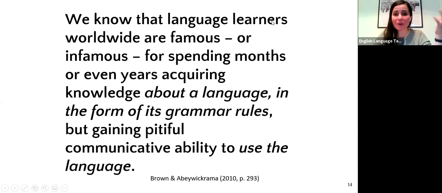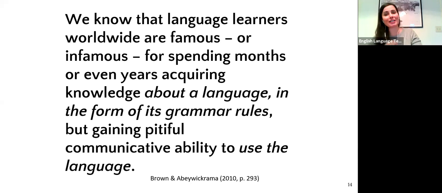And so we want our students to understand that grammar is part of the language, but just knowing the rules is not enough, because then you're not going to be able to communicate. You're not going to be able to use language precisely, effectively, and in your favor, so that the language is doing what you want it to do. Because in our first languages, we know exactly how to manipulate language to say exactly what we want.